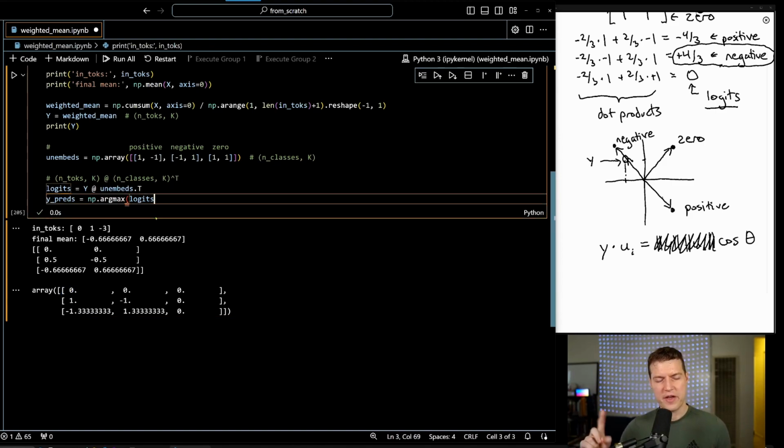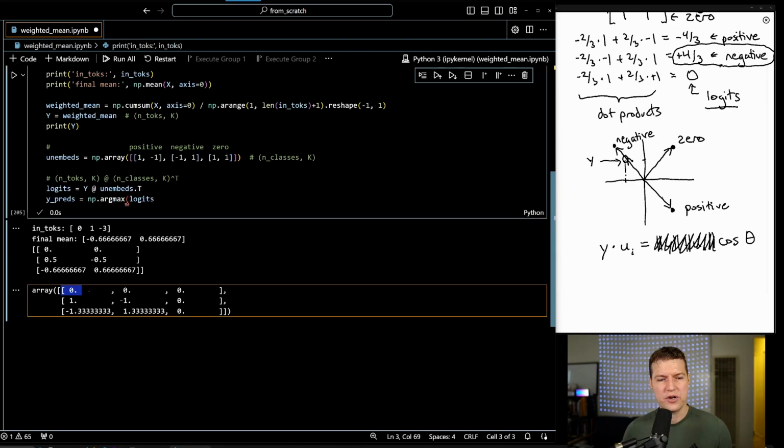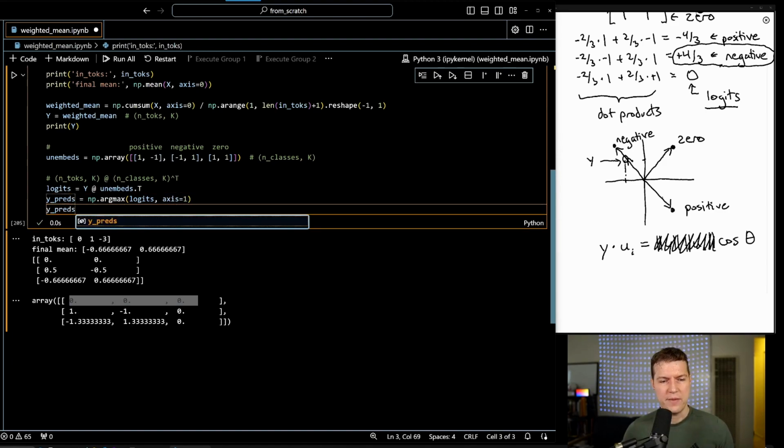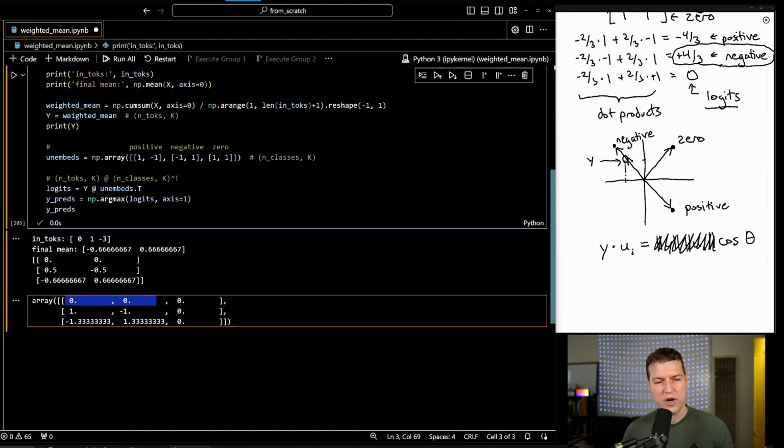The other thing to note is argmax, again, requires an axis because I want to return 3 different argmaxes. So note here, I'm going to go across the columns instead of across the rows. I'm going to set axis equal to 1, because for each one of these 3 tokens, I want to find the class that is largest across the columns.